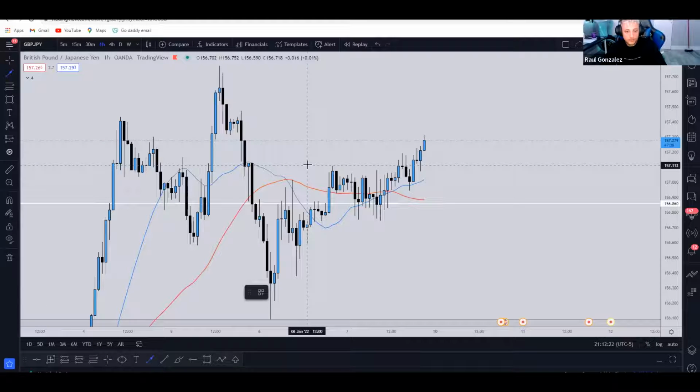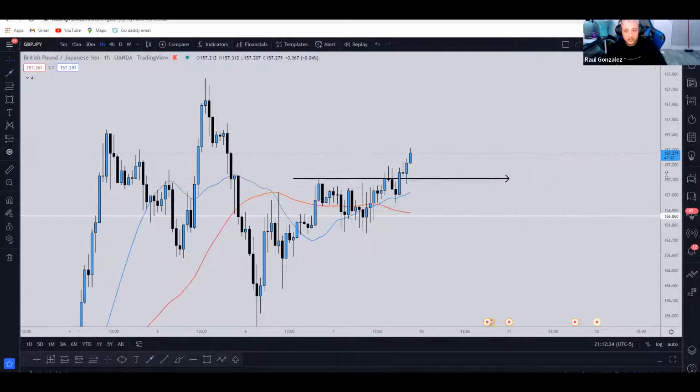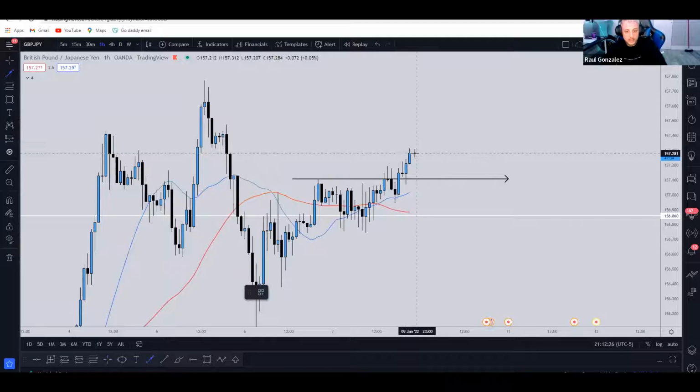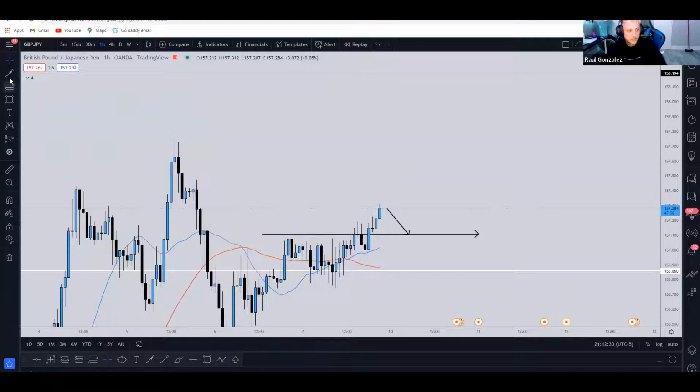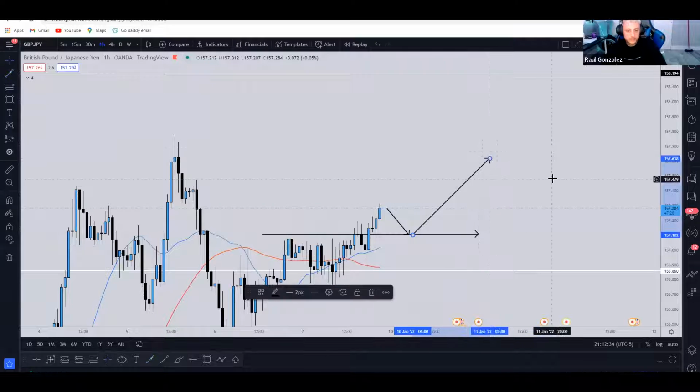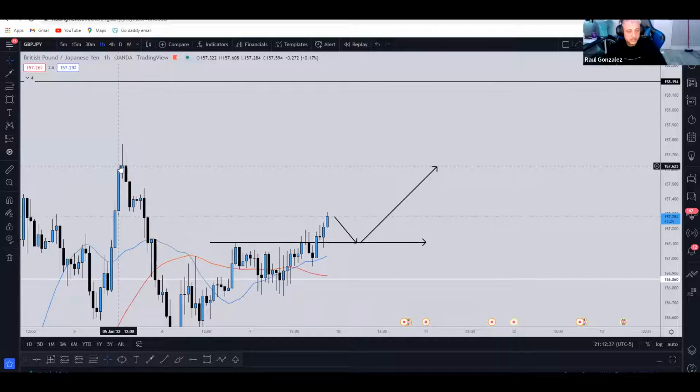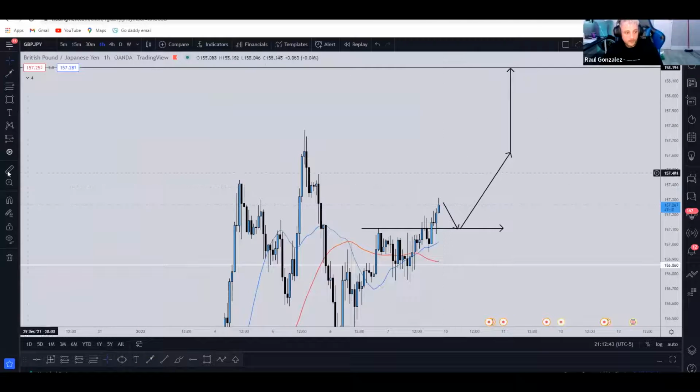So what you could wait for is for price to come back down into this hour structure. Look for price to form support here, and then look to take price higher, maybe to the next hour level if you're going to take an intraday position. And if price breaks above this hour structure, then you can look for it to come up to this level up here, which is pretty far away. What is that? 100 pips away.